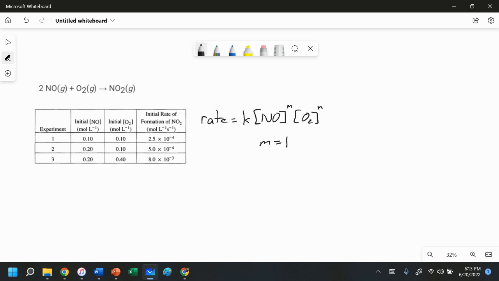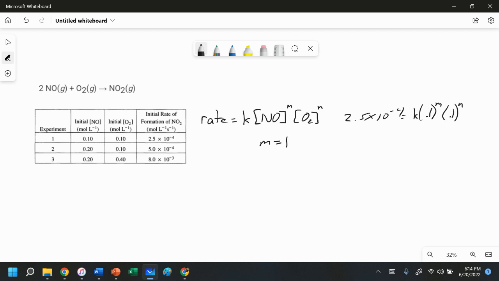Now you could do this mathematically by substituting experiment 1's values into this equation and experiment 2's values into this equation. Let me show you what I mean. 2.5 times 10 to the negative 4 equals our rate constant times 0.1 to the m power times 0.1 to the n power.